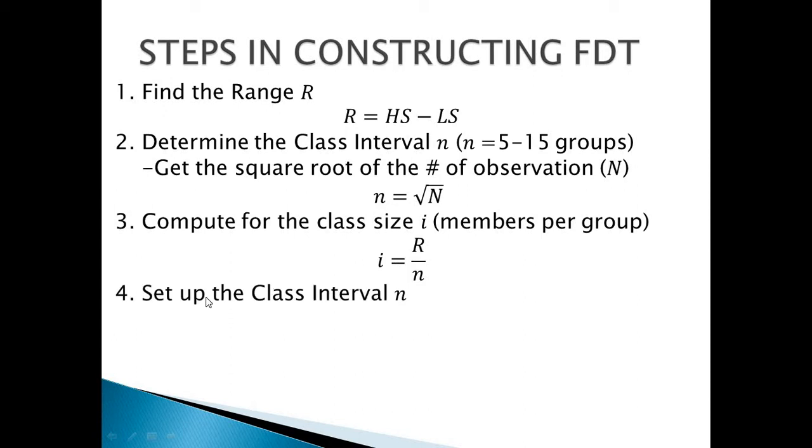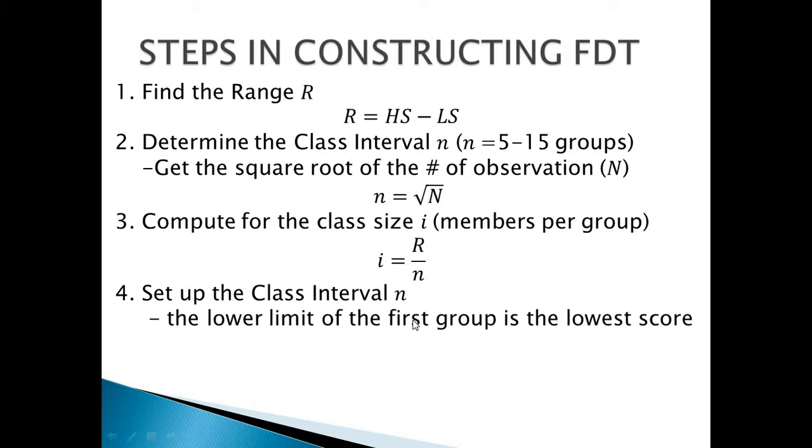Step 4 is to set up your class interval, or you set up the frequency distribution table starting with the class interval, where the lower limit of the first group is the lowest score and the upper limit has this formula: lower limit plus your class size minus 1.